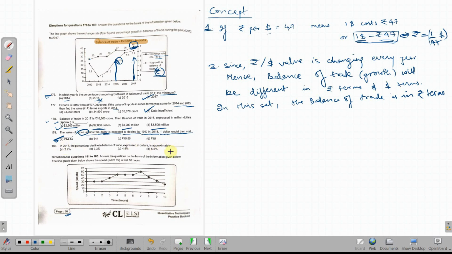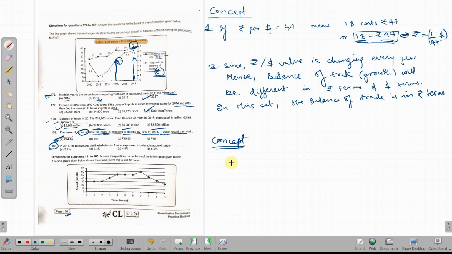So in 2017, balance of trade, now it's in terms of rupees. Now what happens if it is expressed in terms of dollar values is what is asked in question number 180. Okay, so for this question, there's one concept. Suppose it's a concept of successive percentage changes.